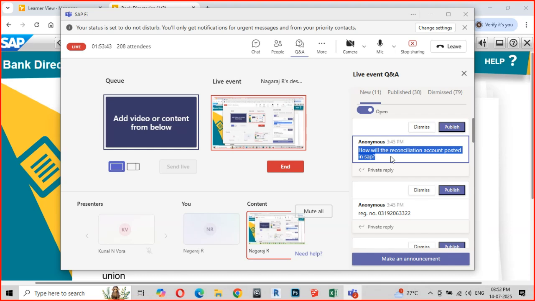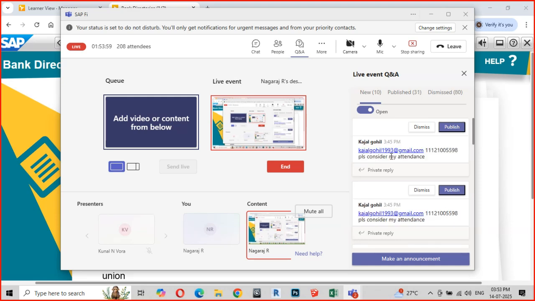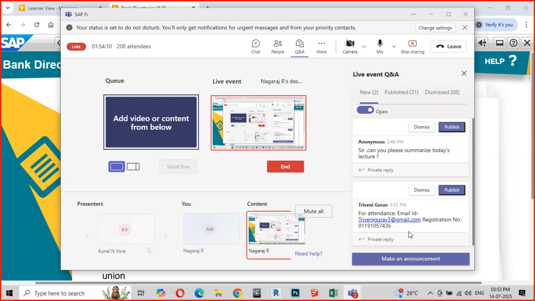So your reconciliation account is used for these purposes, and for all the transactions this GL account should do it automatically. There is no concept of you using the reconciliation account manually. SAP will never allow you to do it.